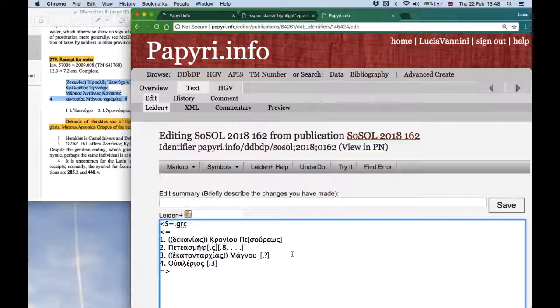We add the markup for a lacuna of known length. And we find a similar case at line 3.